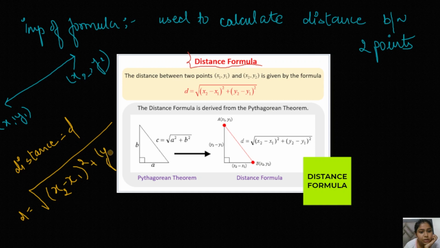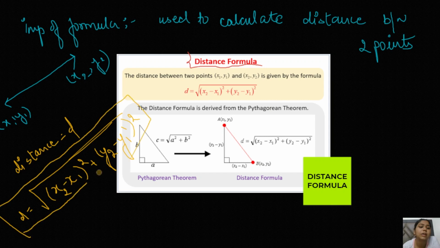I hope this formula is clear to you. You just need to know the formula, and the magic is the questions will be solved by themselves once you learn the formula. So the formula is d equals root over x2 minus x1 whole square plus y2 minus y1 whole square.